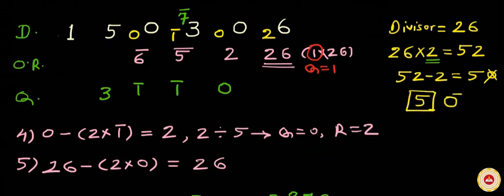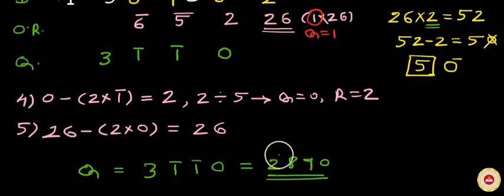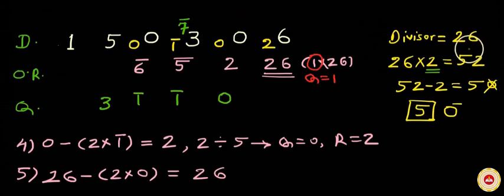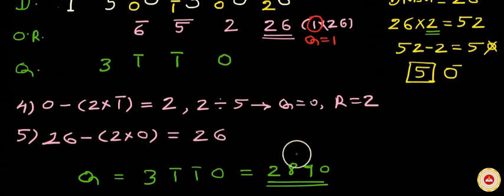So this quotient 2890 is for 52. To calculate quotient for given divisor 26, we should multiply this quotient by the same multiple, which is 2. So let us multiply by 2.